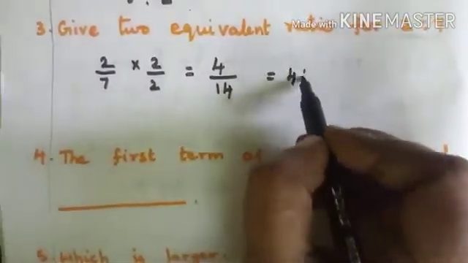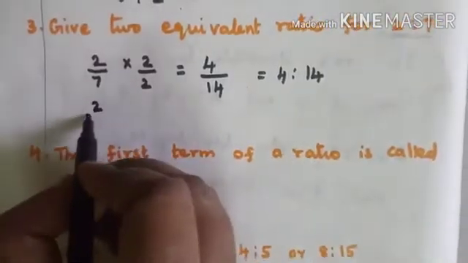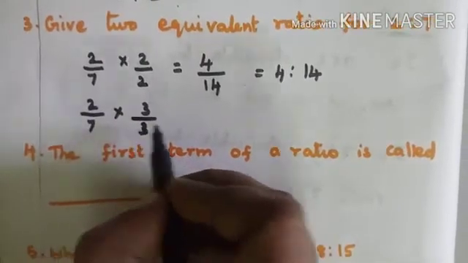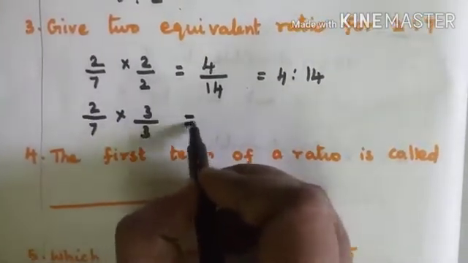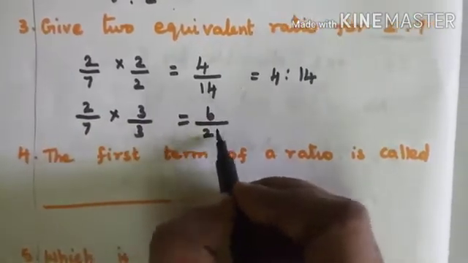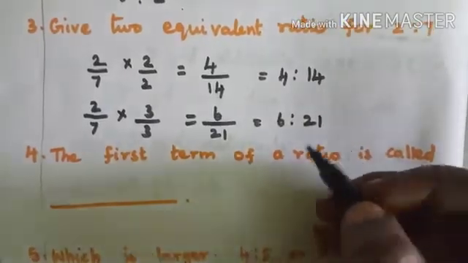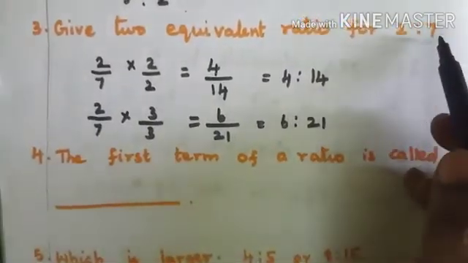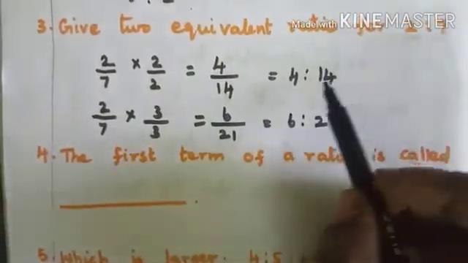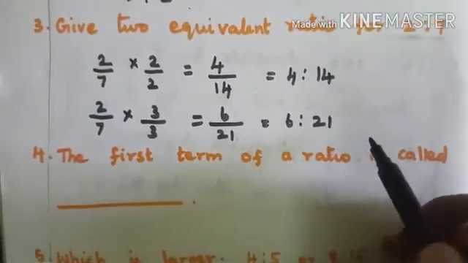Therefore, 4 is to 14 is one equivalent ratio. Now, 2 by 7, we can multiply with 3 in the numerator and denominator. 2 3s are 6 and 7 3s are 21. Therefore, 6 is to 21 is an equivalent ratio for 2 is to 7. So the 2 equivalent ratios for 2 is to 7 are 4 is to 14 and 6 is to 21.